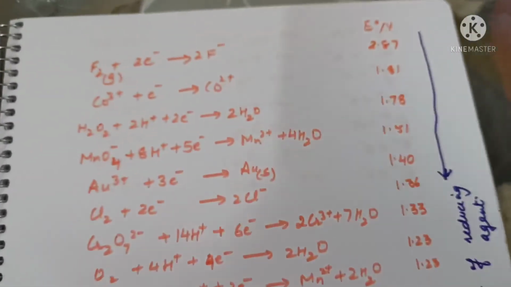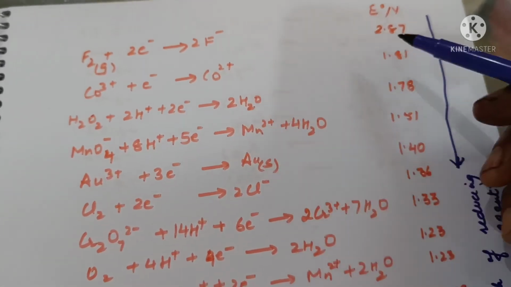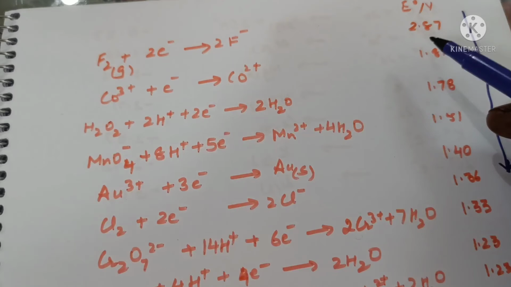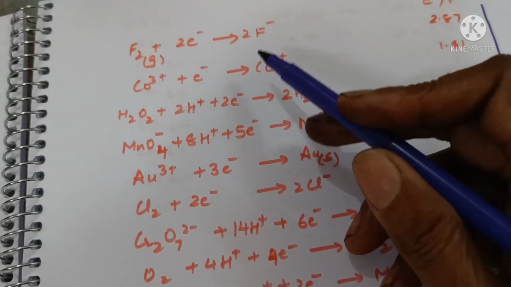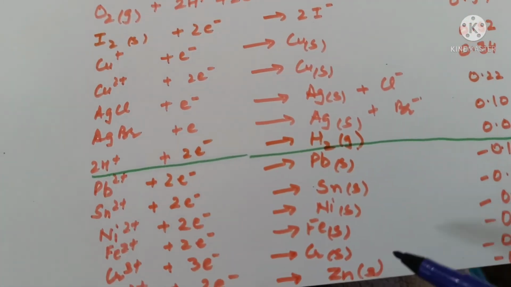After measuring all the reduction potential values relative to hydrogen, we can arrange them in decreasing order of reduction potential. Positive values act as stronger oxidizing agents and negative values act as reducing agents.